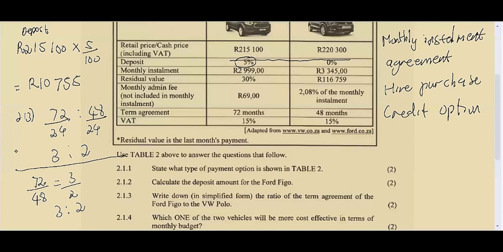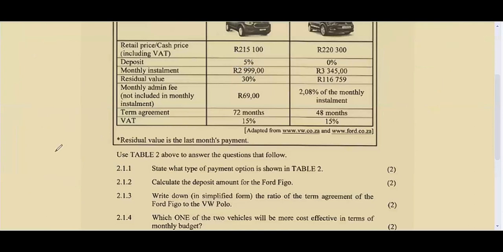Now, we have 2.1.4 says which one of the two vehicles will be more cost effective in terms of the monthly budget, right? So when they're speaking about being cost effective, this means which one will be cheaper or which one will be the cheapest in terms of your monthly budget.